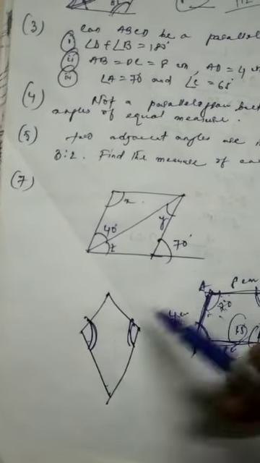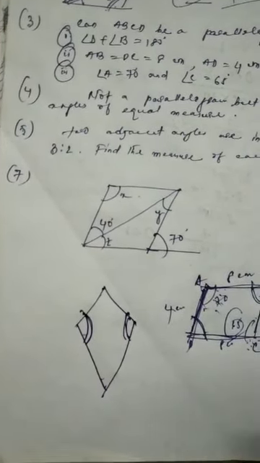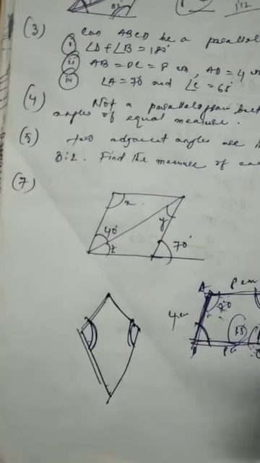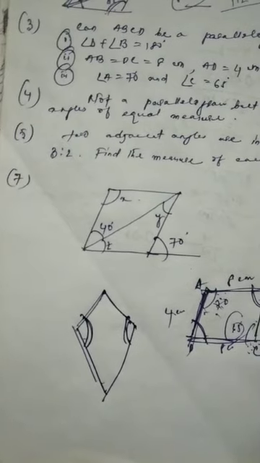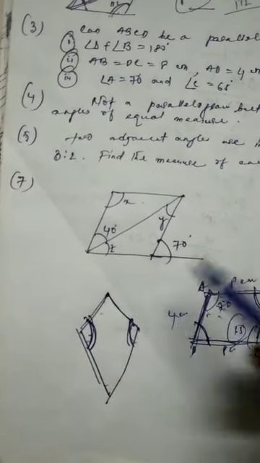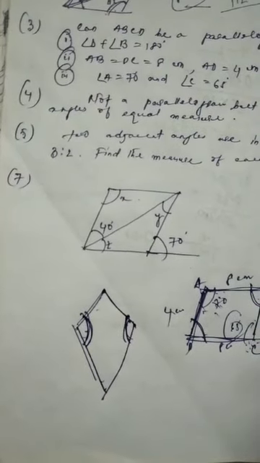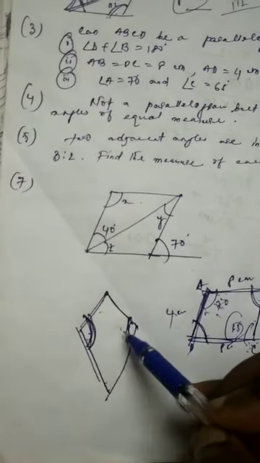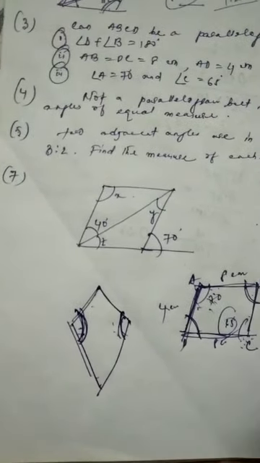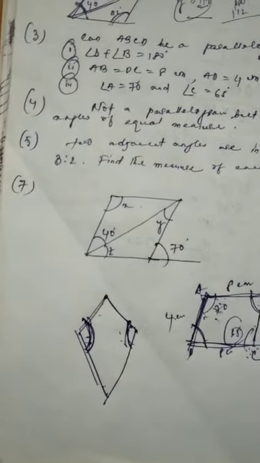Only one pair. Of course, it is a quadrilateral with four sides, but only one pair of opposite angles are equal. This is the shape of a kite, which is the answer to question number 4.